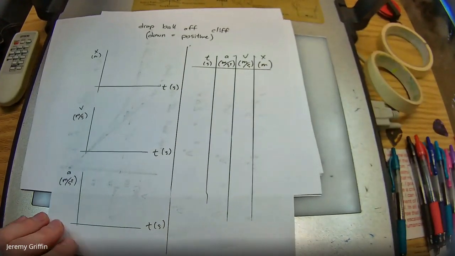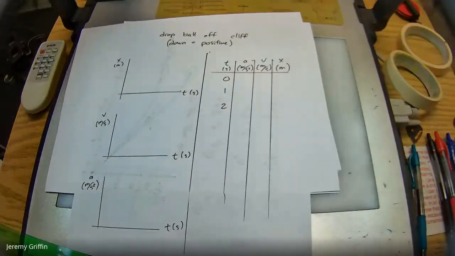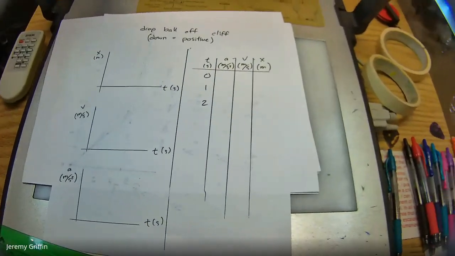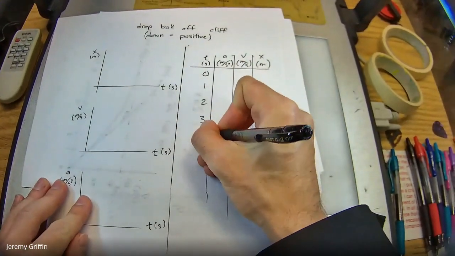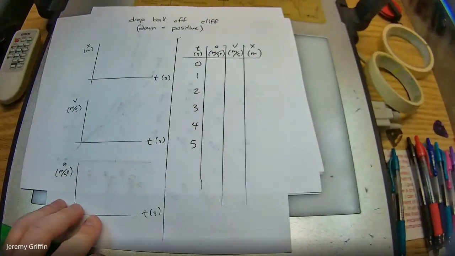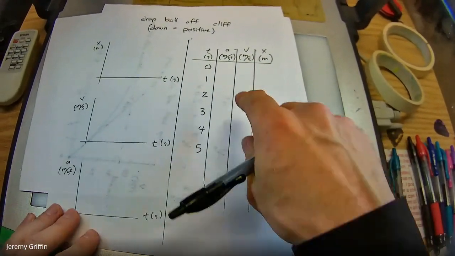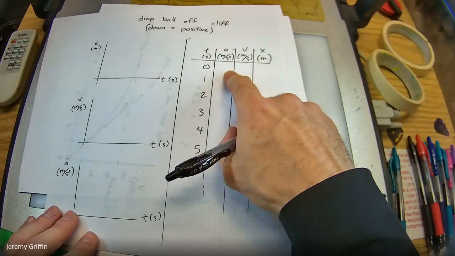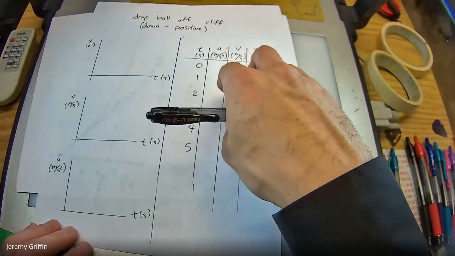So time is ticking along 0, 1, 2, 3, 4, 5. Let's do this table first, and we'll go fill in the graphs.